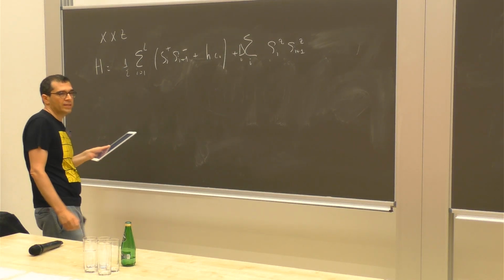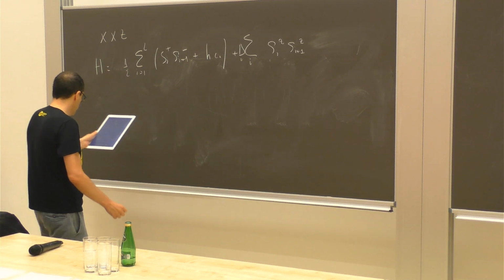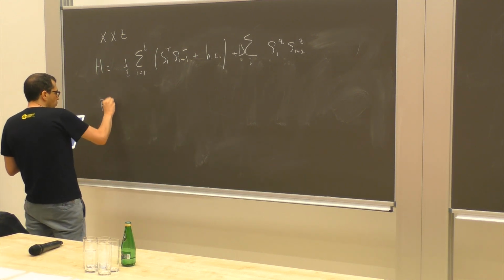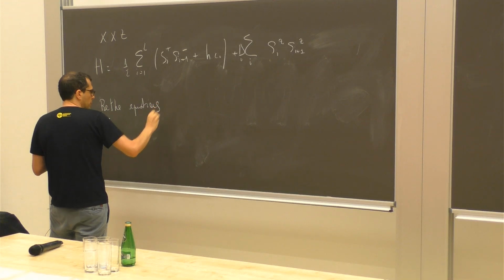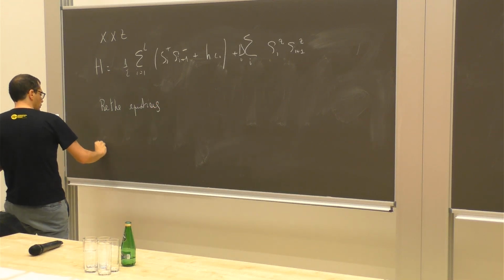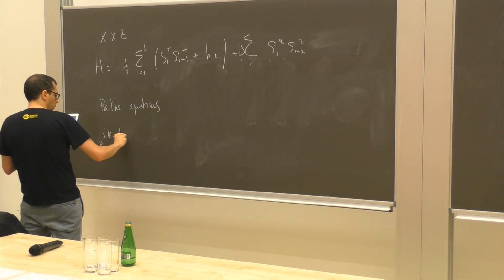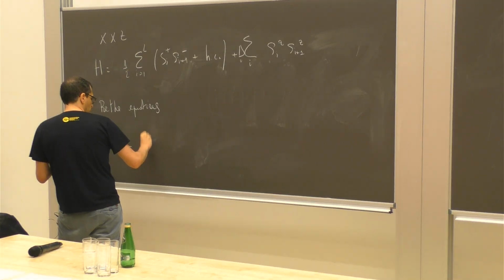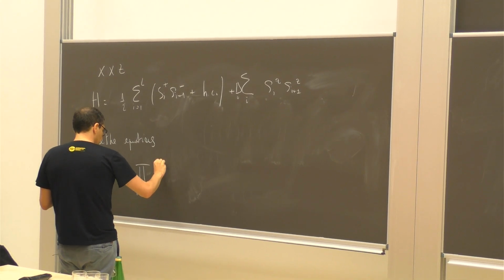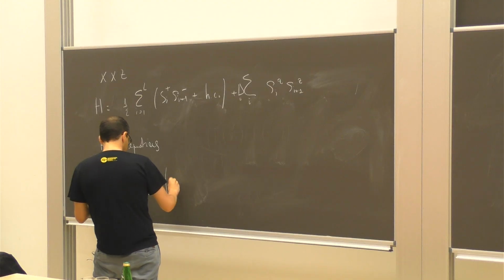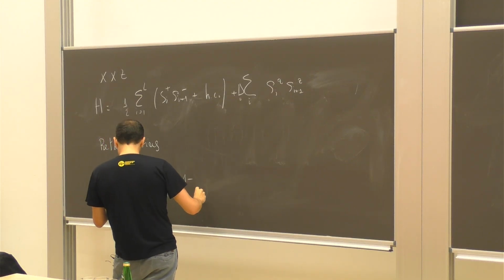How do you construct eigenstates of this model? You have to solve some so-called Bethe equations. I hope Milos will not shout at me; I hope I'm writing them correctly.